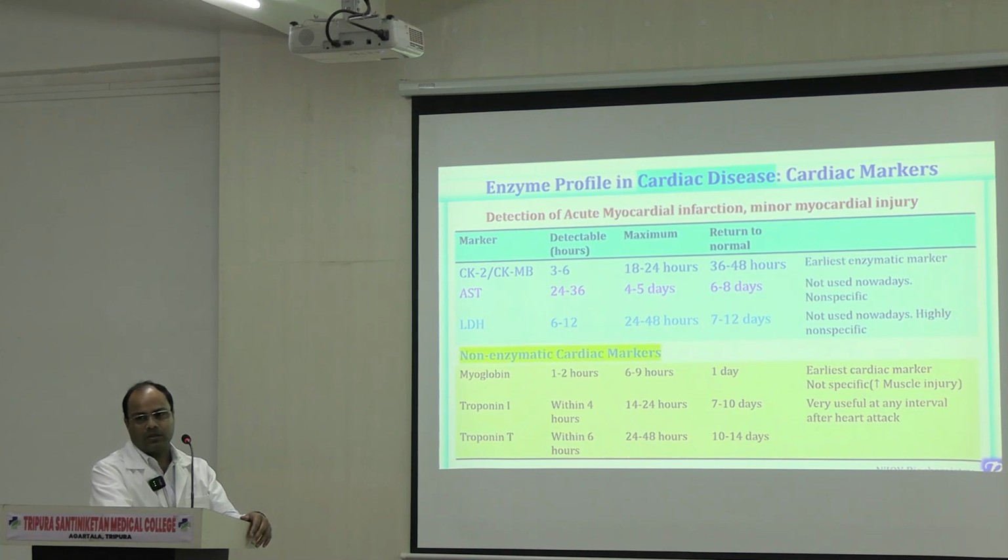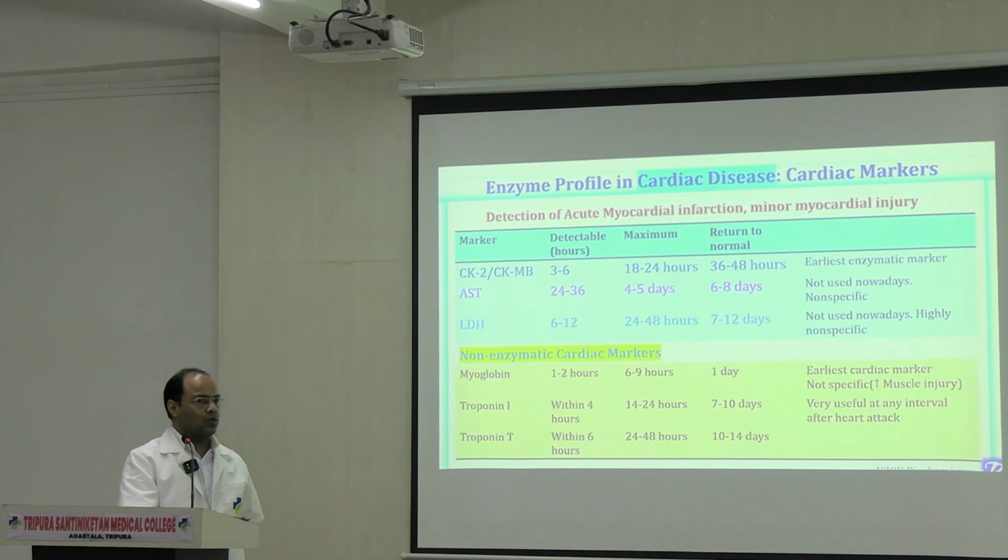Very useful test. But the problem is that you have to wait at least 6 hours. Before that, the result may come negative. Okay. So it is not the earliest marker, but a very useful marker. Maximum value is reached at 28 to 48 hours and it returns to normal after 10 to 14 days.